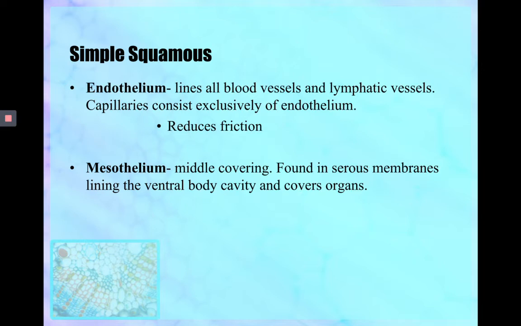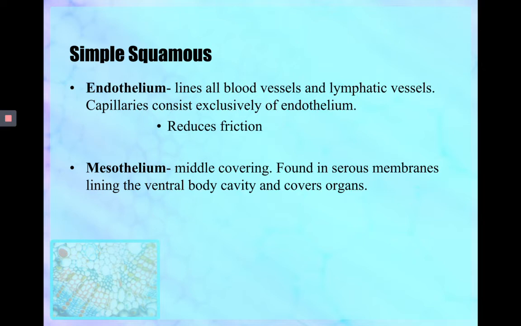Capillaries are a type of blood vessel, so still a lining of a blood vessel, but they're actually so small they consist only of a layer of endothelium. That also happens to be where a lot of gas exchange takes place. So it makes sense that it's a thin membrane because that would speed up gas exchange, because the gases, or if we were looking at nutrients, don't have to travel through a really thick layer of epithelial tissue.